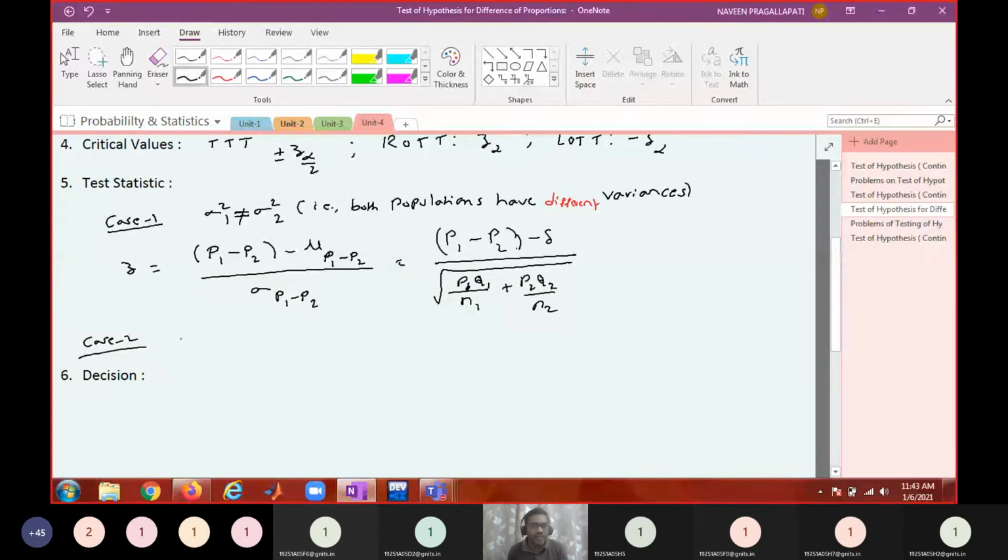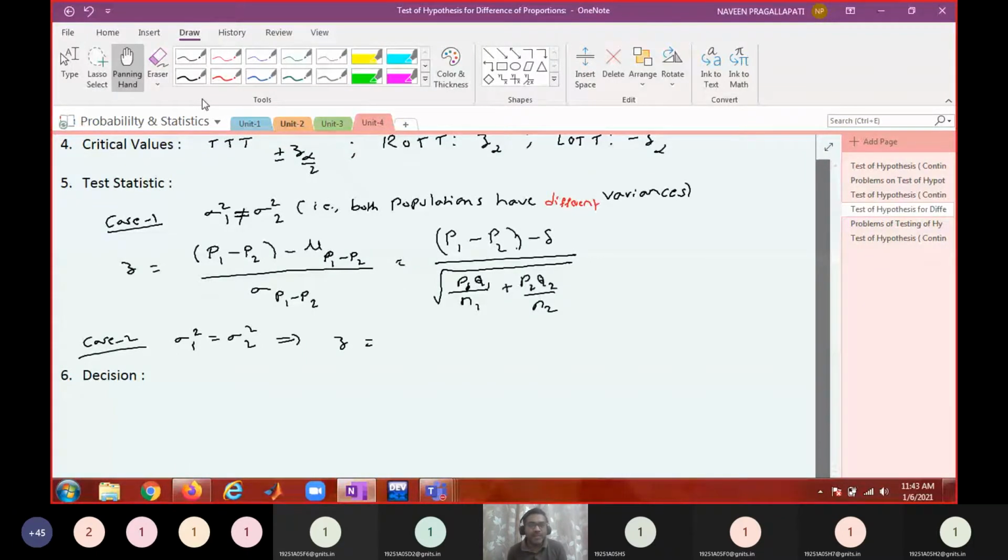this would be equal to, if case 2, if sigma 1 square equal to sigma 2 square, then we write this is common, and only this will change.